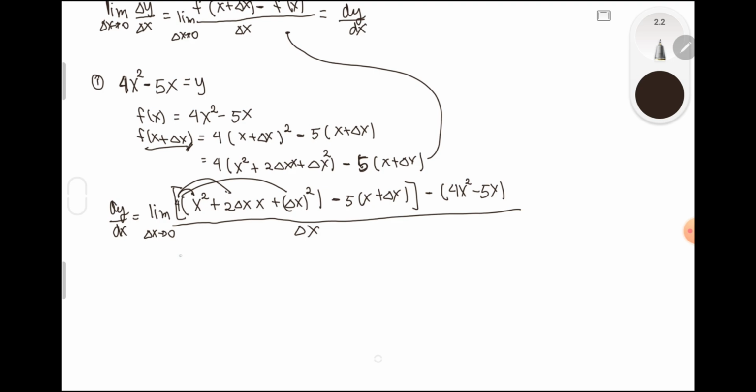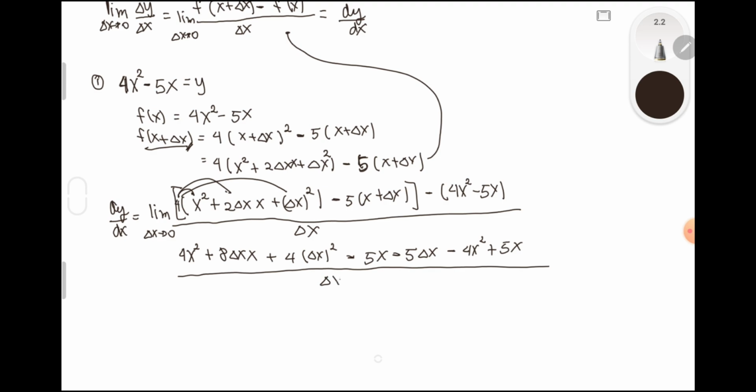So we'll have a value of 4x squared plus 8 delta x multiplied by x plus 4 multiplied by delta x squared minus 5x minus 5 delta x minus 4x squared plus 5x divided by our delta x as the limit of delta x approaches 0.